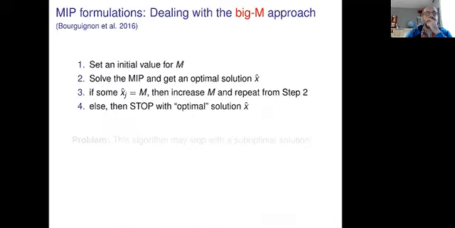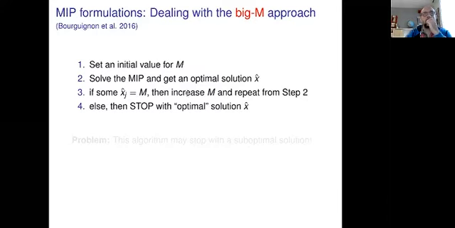In the literature, they propose an algorithm that says the following: pick an initial value for M, solve your MIP with that M and get an optimal solution, and then check the solution. If the solution has some value touching one of the boundaries of this box, then maybe your optimal solution is not really optimal.